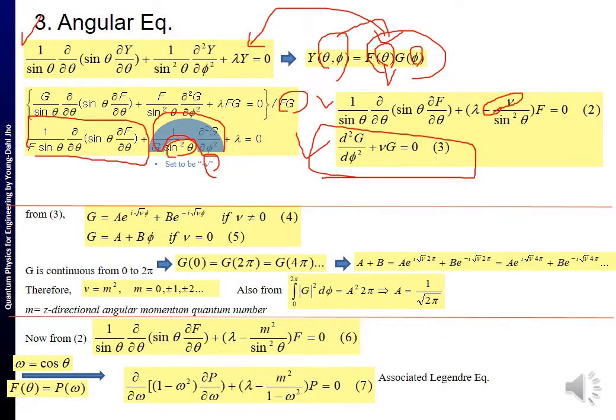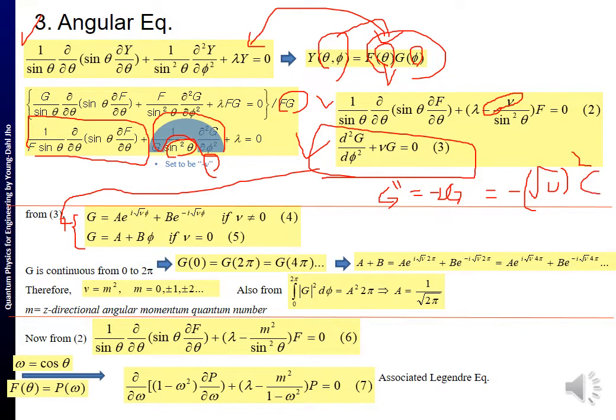So from equation 3 you get this G. We take the derivative with respect to phi, so G double prime equals minus mu G. The general solution, if mu is not zero: you take the second derivative and you get the original function, which means it is an exponential function.